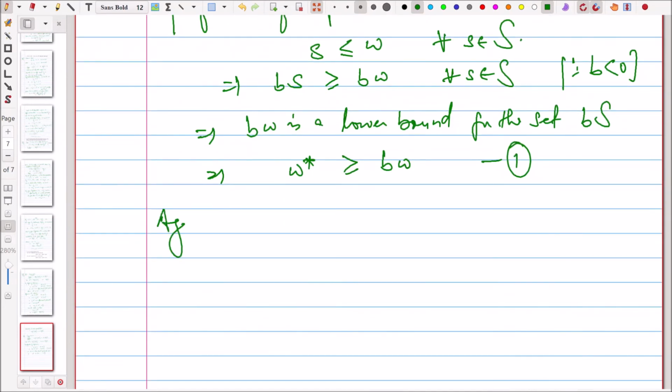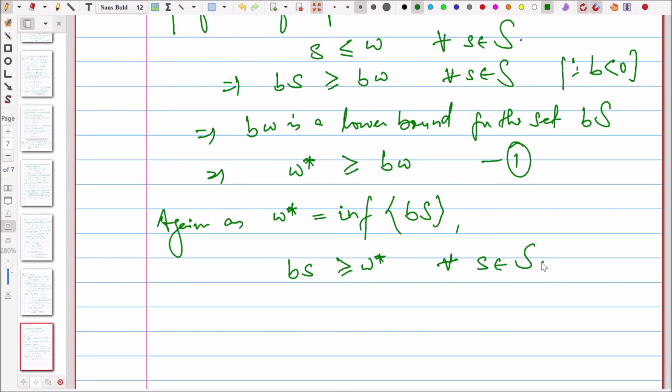Again, now we will take the definition of W star: W star is equal to infimum of BS. So B times s is greater than or equal to W star for all s belonging to S.